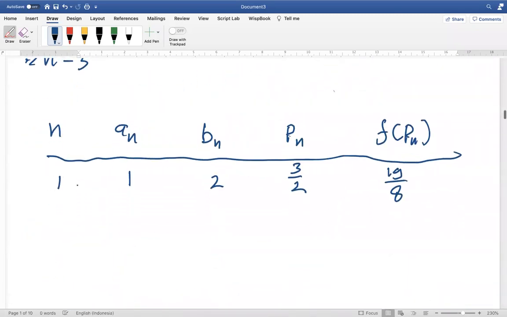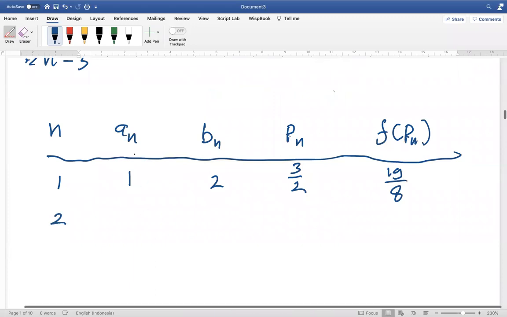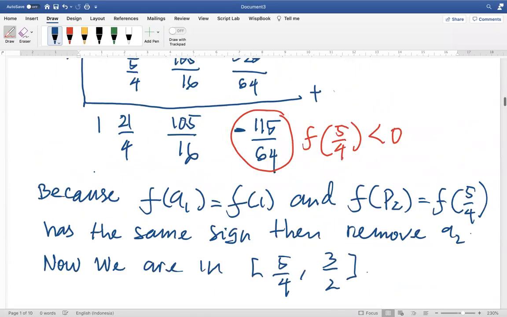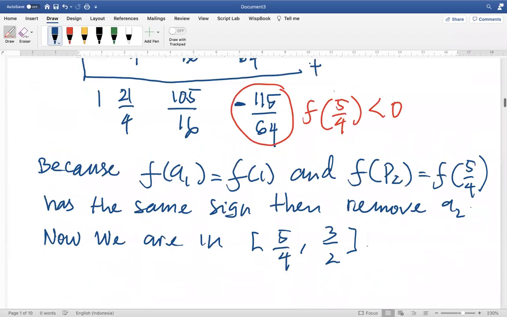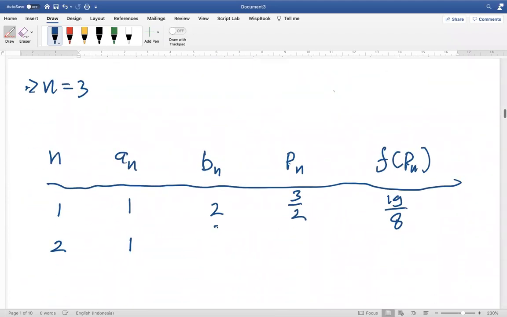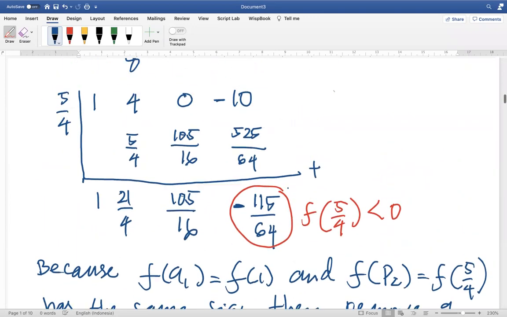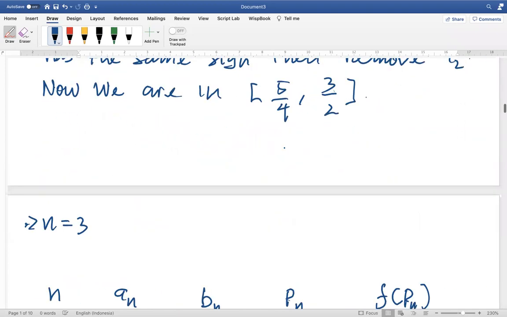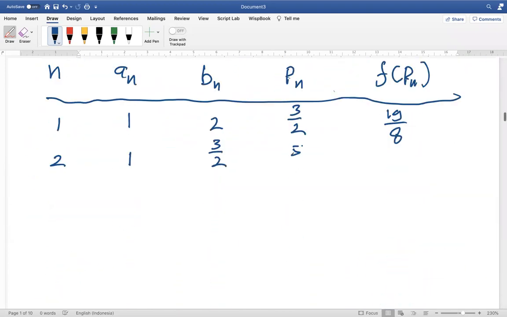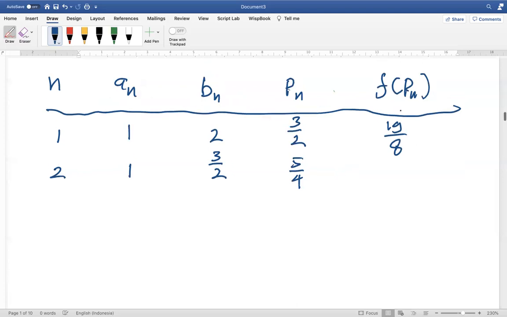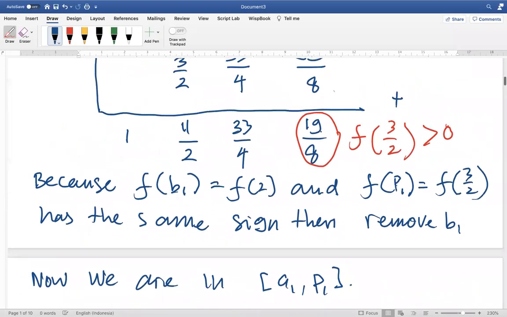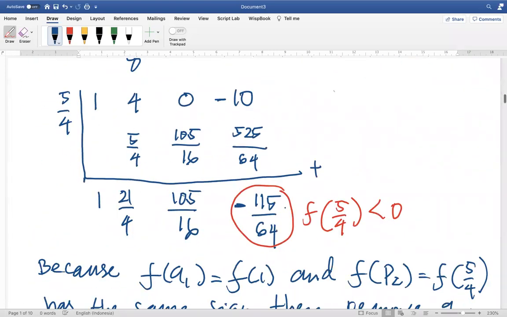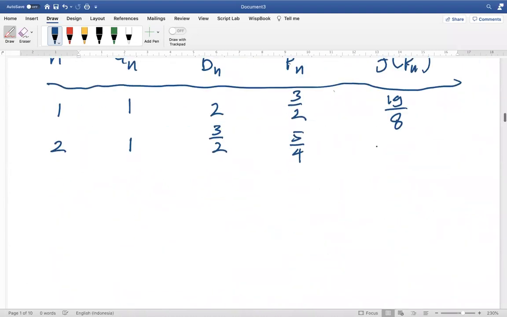Then you have A2. What is A2? A2 is 1 and B2 is 3/2. P2 is 5/4, and f(5/4) is minus 115/64.